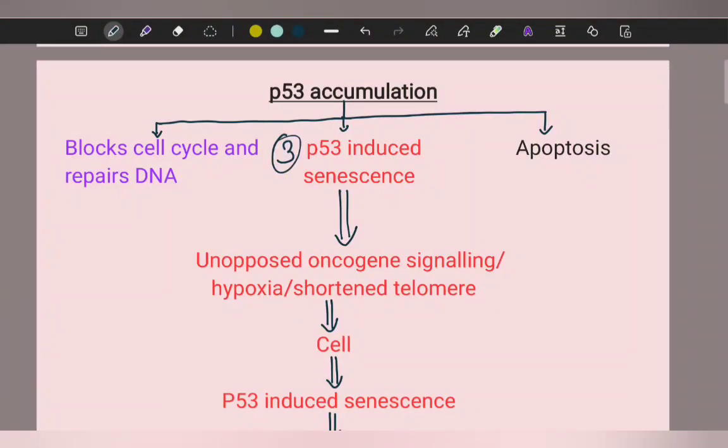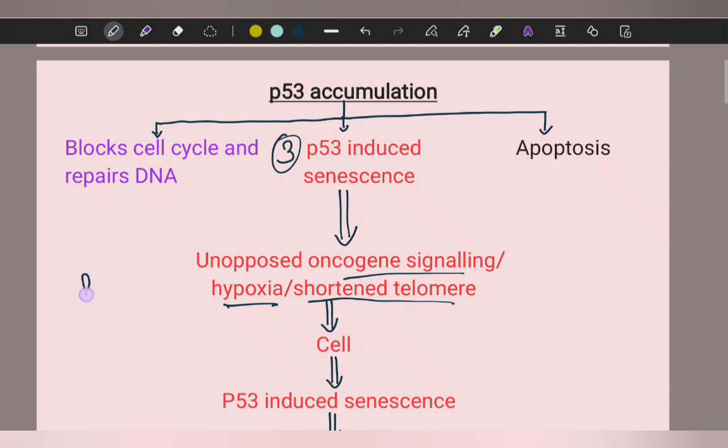Third function is P53 induced senescence, which means P53 induced cellular senescence or cell aging. So when there is unopposed oncogenic signaling or unopposed hypoxia or shortened telomere. So let me tell you a little bit about telomeres.